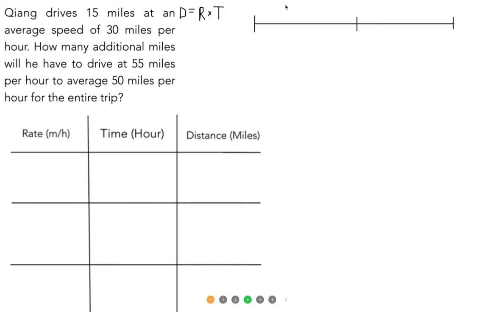And for the first half of his trip, he drives for 15 miles at a speed of 30 miles per hour.